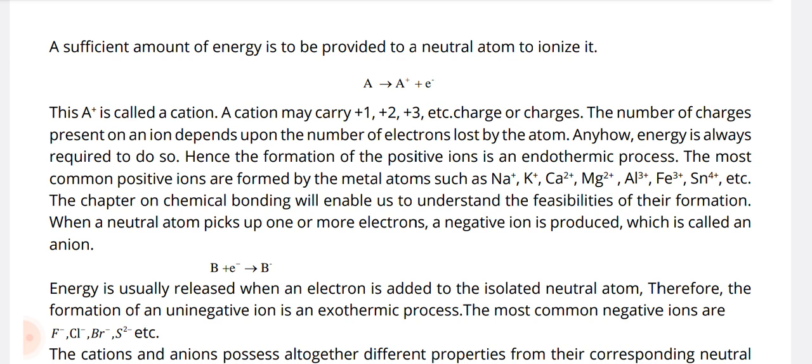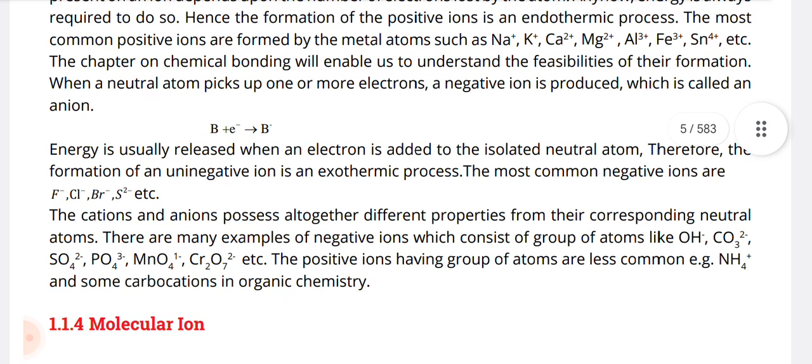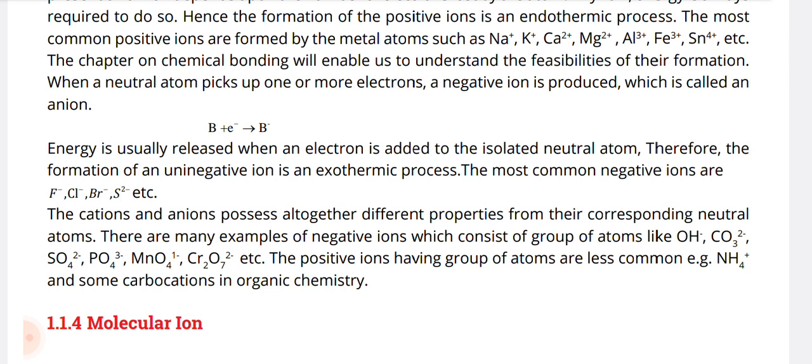When a neutral atom picks up one or more electrons, a negative ion is produced, which is called an anion. B plus e- gives us B-. Energy is usually released when an electron is added to the isolated neutral atom. Therefore, the formation of an uninegative ion is an exothermic process. The most common negative ions are F-, chlorine, bromine, iodine, sulfur, etc.